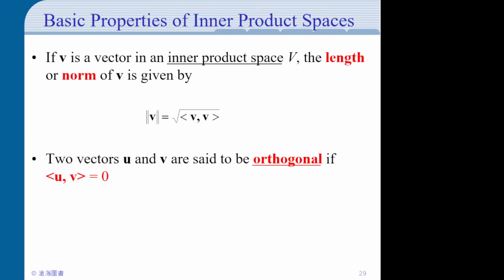Now let's derive more properties on inner product spaces. First, we can define the length of a vector.